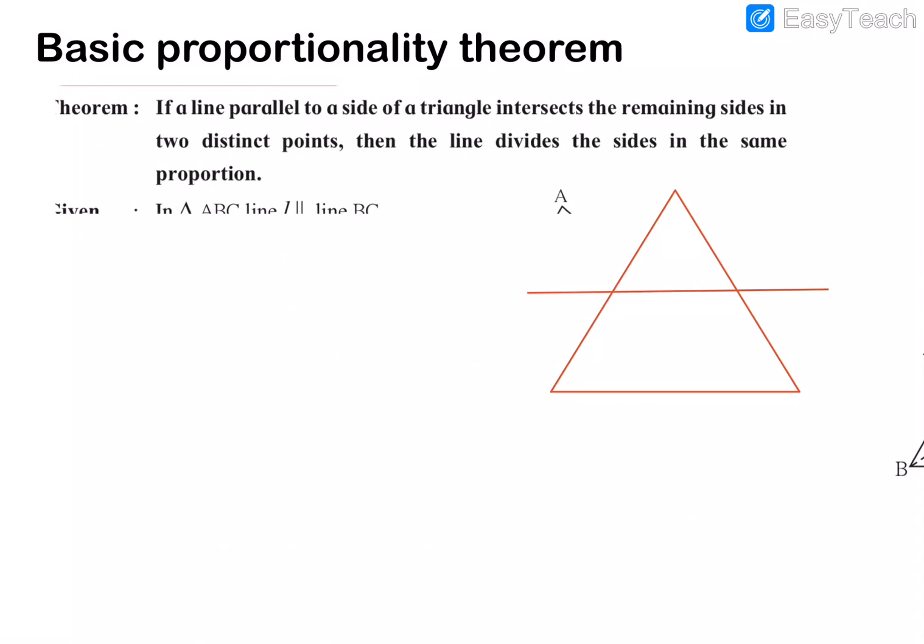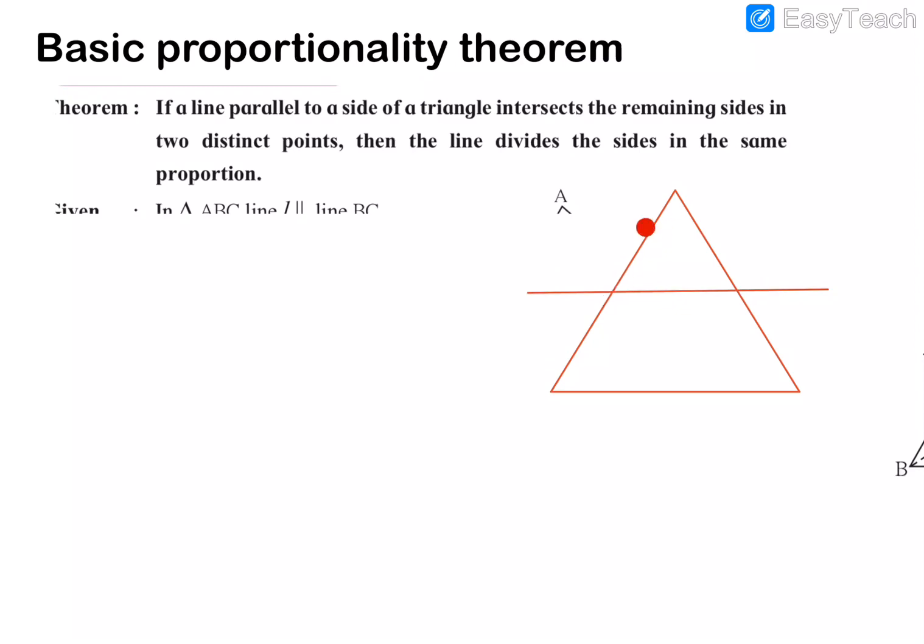The statement of this theorem is: if a line parallel to a side of a triangle, as you can see in the image, intersects the remaining sides of the triangle at two distinct points, so the line intersects this triangle at two points and is parallel to the third side of this triangle, then this line will divide the sides in the same proportion.